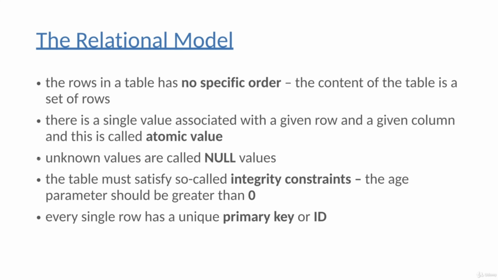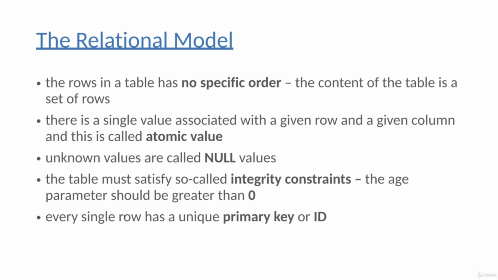As we have discussed earlier, unknown values are called null values, and the table must satisfy so-called integrity constraints. For example, the age parameter should be greater than 0. This is a typical integrity constraint, and the database management system is going to check it every time we try to manipulate data or an atomic value in the database.